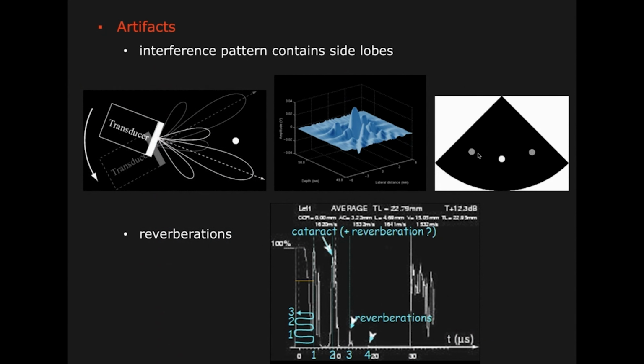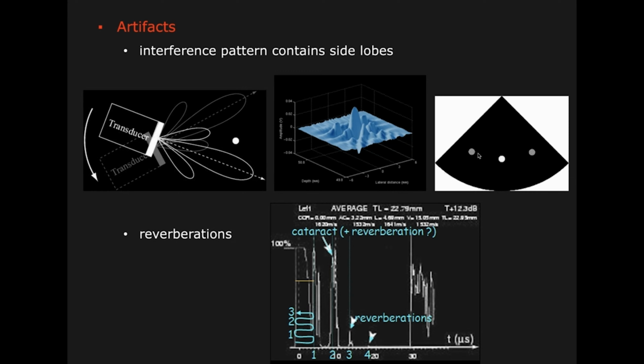And another very typical artifact in ultrasound is what's called reverberations, because keep in mind what I told you before, the biggest problem of ultrasound is that the pulse has to travel through the object that we're imaging and has to travel back. Now, say that in the meantime, there's another kind of reflector coming on.